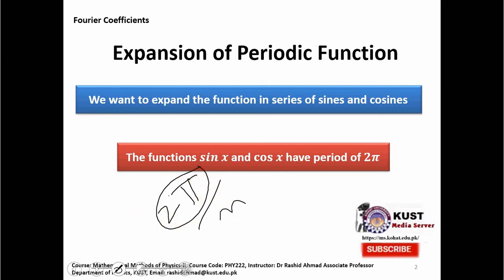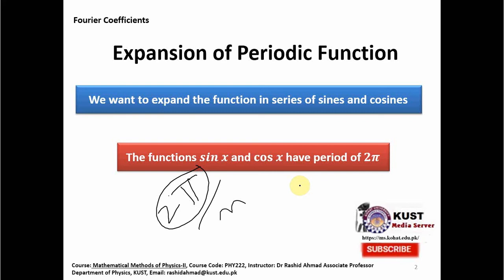Later, the sines and cosines with these smaller periods can have similar general formulas for the coefficients. So these are the two things we have to know in advance. The first is that we are going to expand the function in terms of sines and cosines, and secondly that we are talking only about the period 2 pi.